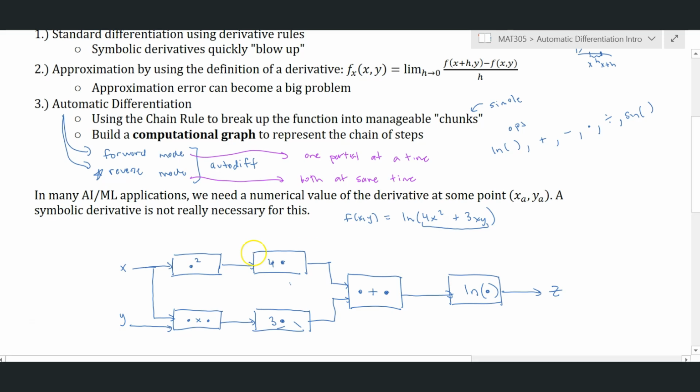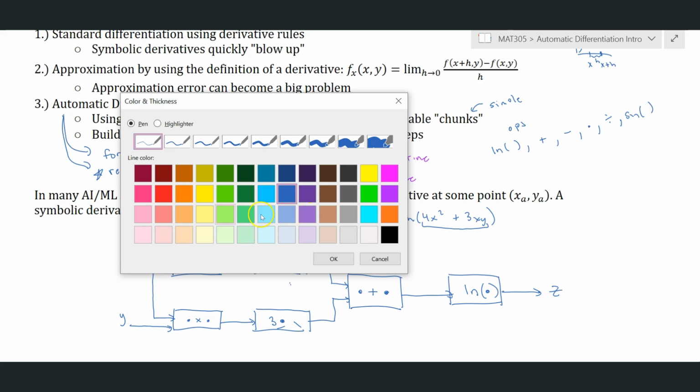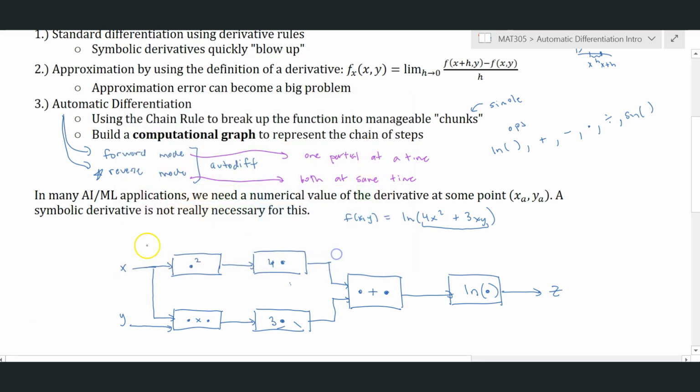So let's say we gave this a couple of values. Let's say we gave it an input of 2 and 1, just so we could see how this tracks. So if x is assigned the value of 2 and y is assigned the value of 1, then this will still compute the output of the natural log of 4x squared plus 3xy. It'll just do it in pieces. So here the value gets squared, so a 4 will come out. And then it gets multiplied by 4, so 16 will come out here.